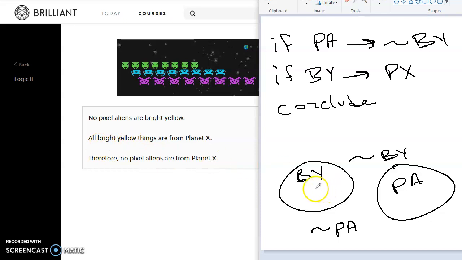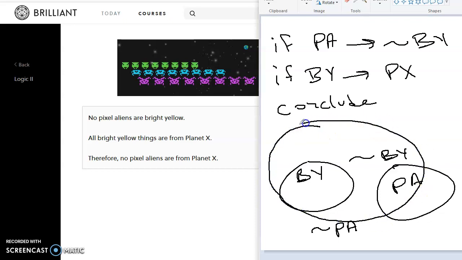All bright yellow things are from planet X. So perhaps planet X is only bright yellow things, but perhaps it's not. Perhaps it includes some not bright yellow things. And if it includes some not bright yellow things, it might include some pixel alien things. So if this is my planet X, we don't know where planet X lies. So we cannot conclude that no pixel aliens are from planet X.